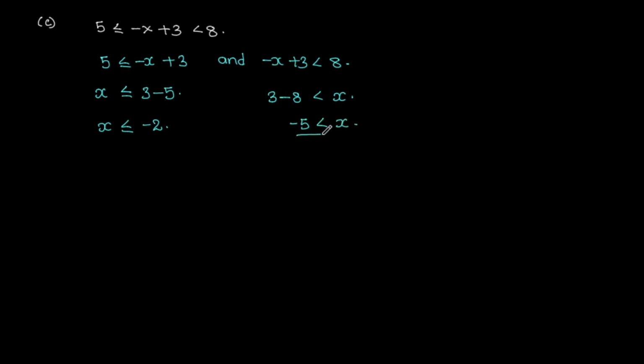So let's study these two numbers together. Between negative 5 and negative 2, which number is bigger? Tell me from the comment section, which number is bigger? Somebody must say negative 5. Negative 5 indeed is smaller than negative 2.